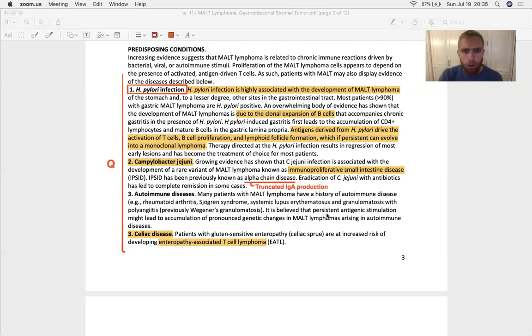The development of MALT lymphomas is due to the clonal expansion of B cells that accompanies chronic gastritis in the presence of H. pylori. This should make a lot of sense to you. Helicobacter presents antigens and B cells kind of play the match game and they say, oh, hey, do you have the right antibody?